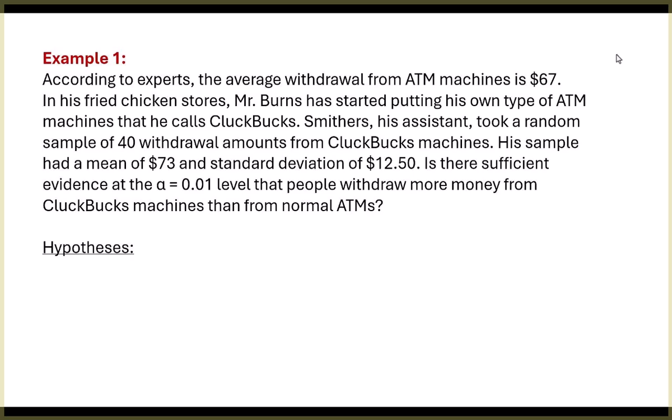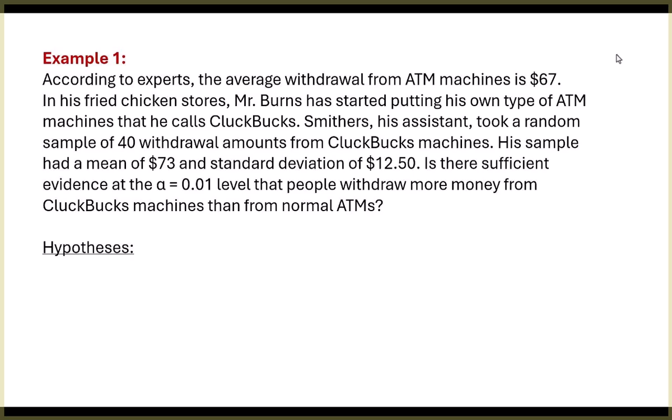And Smithers gets an average amount of $73 from that sample. Standard deviation for the sample is $12.50. So we're wanting to test at the alpha equals 1/100th level. Do people really, in general, withdraw more money from the Cluck Buck machines?